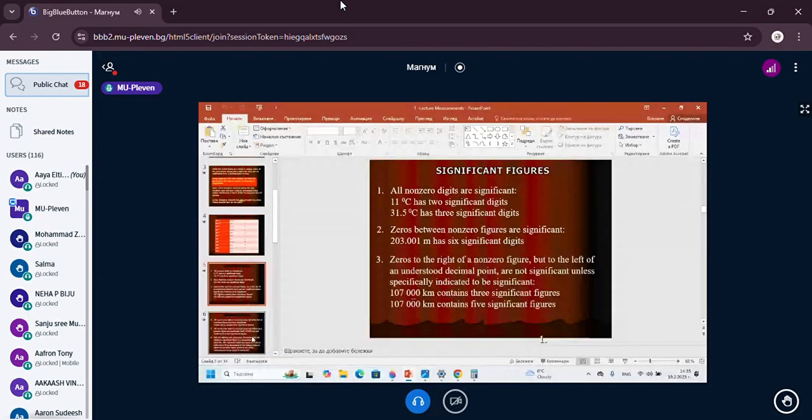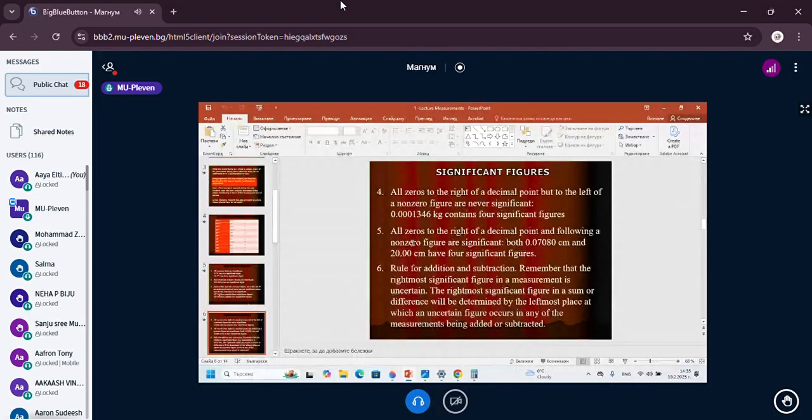Then number 4, zeros to the right of the decimal point but to the left of a non-zero figure are not significant. So if we discuss this number, we've got 4 significant digits. Those zeros cannot be considered significant.